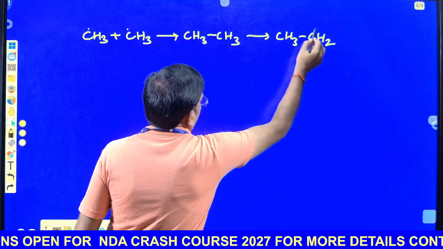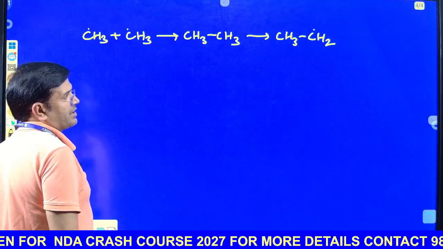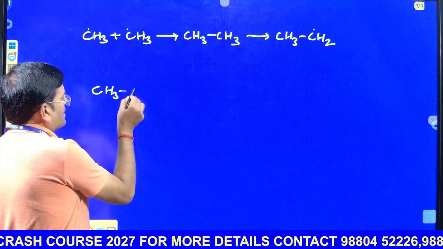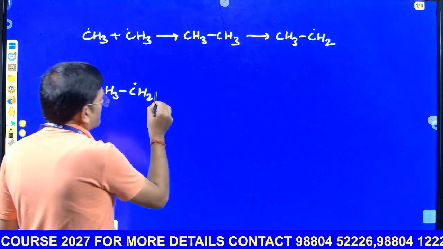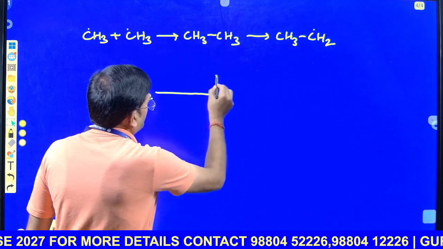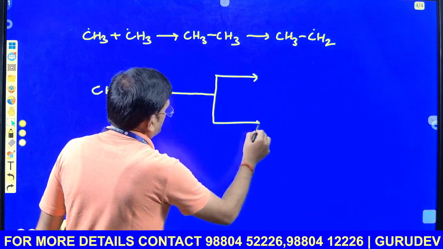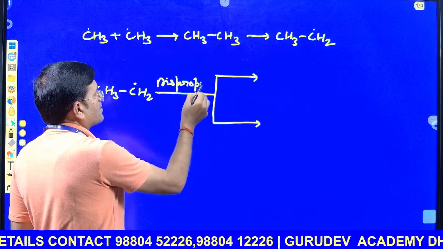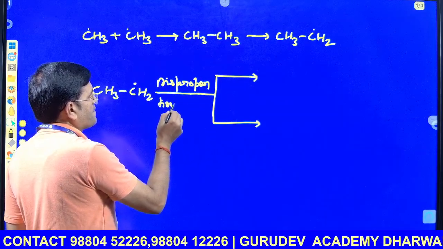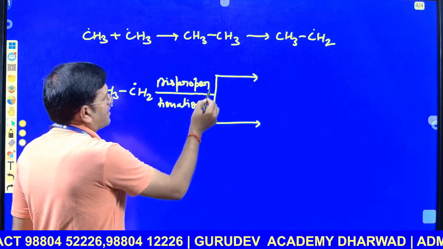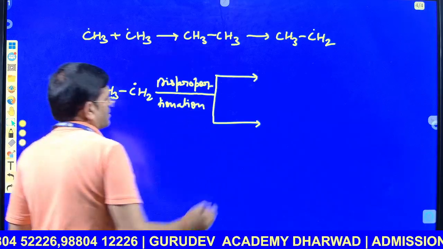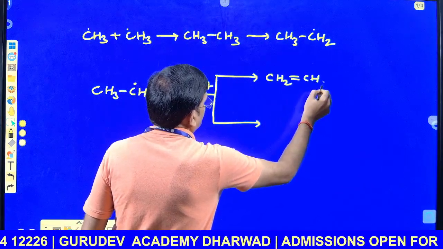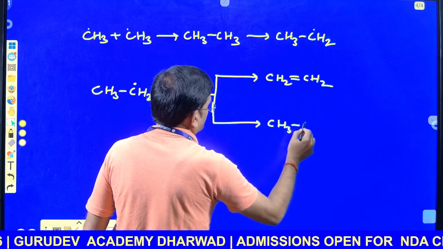So on further substitution, it may give the ethyl free radical, and the ethyl free radical undergoes disproportionation to give CH2=CH2 and CH3CH3.